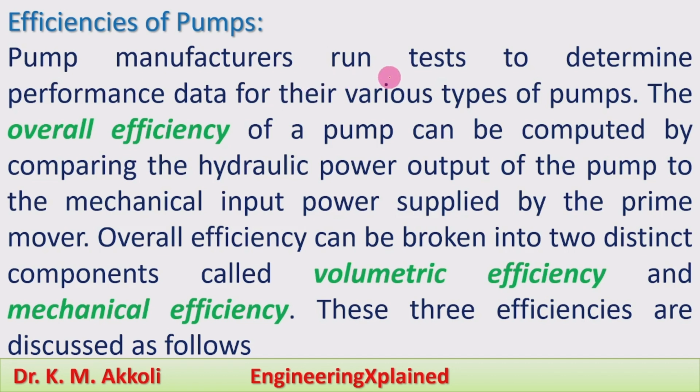The pump manufacturers run tests to determine performance data for their various types of pumps. The overall efficiency of a pump can be computed by comparing the hydraulic power output of the pump to the mechanical input power supplied by the prime mover. Overall efficiency is how much hydraulic power output we get for the particular mechanical input power.